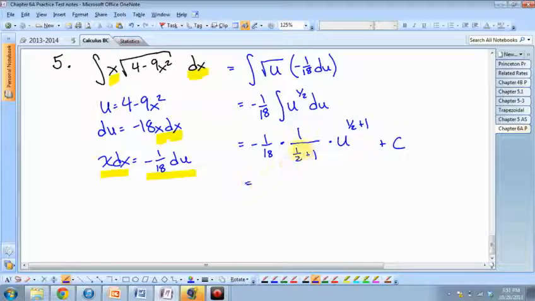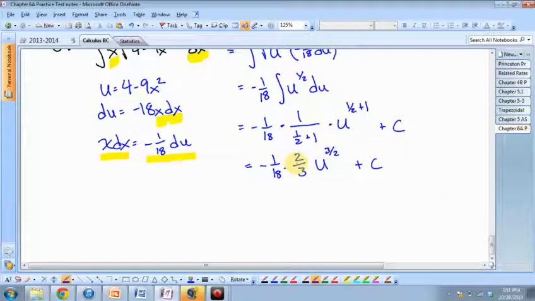Let's see. 1/2 plus 1 is 3/2. 1 divided by 3/2 is 2/3. This can cancel out here, right?